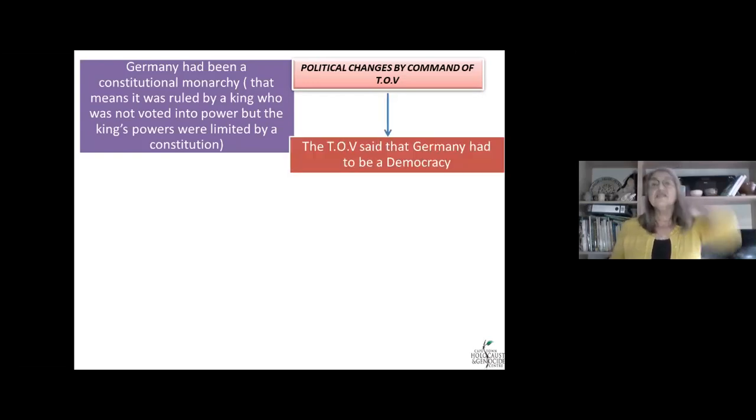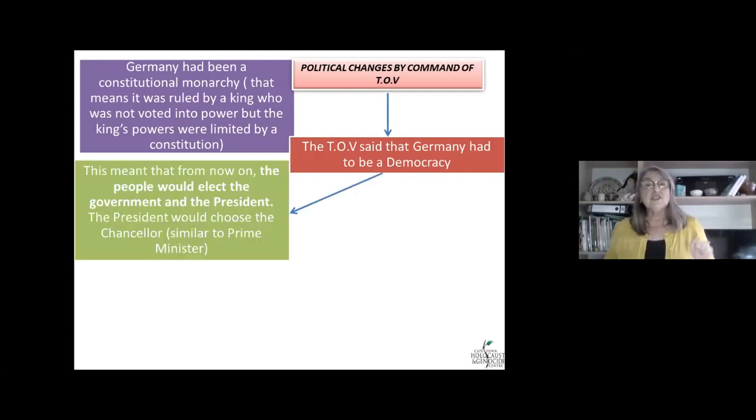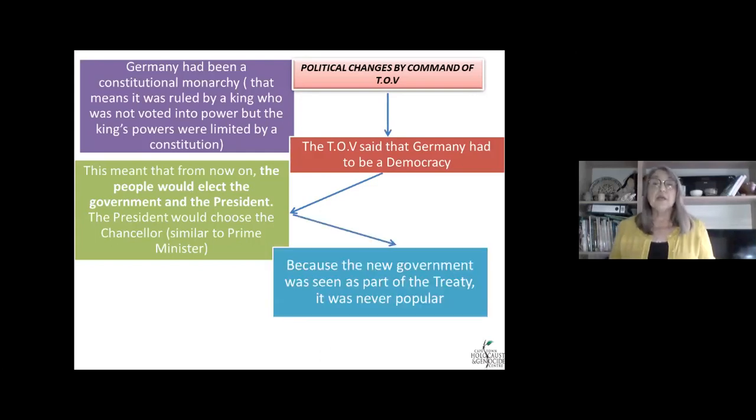The Treaty of Versailles said that Germany had to be a democracy. So it meant that the government would be elected by the people, and they would elect the president, and then the president would choose a chancellor. That's similar to a prime minister. So that's a democratic system, okay?